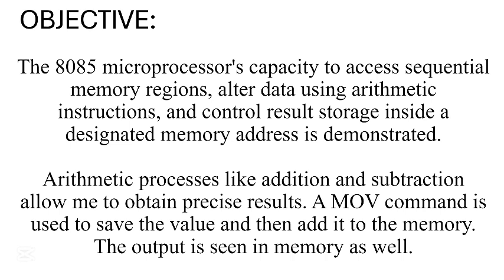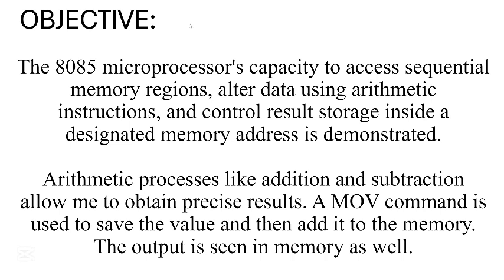Arithmetic processes like addition and subtraction allow me to obtain precise results. The MOV command, or move or copy from source to destination, is used to save the value and then add it to the memory. Then the output is seen in memory as well.